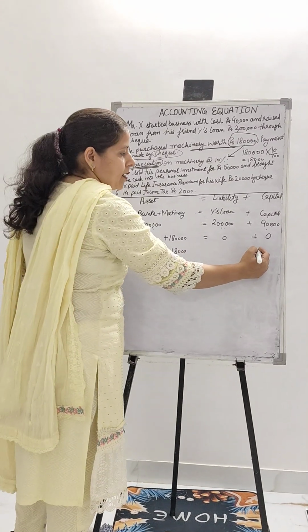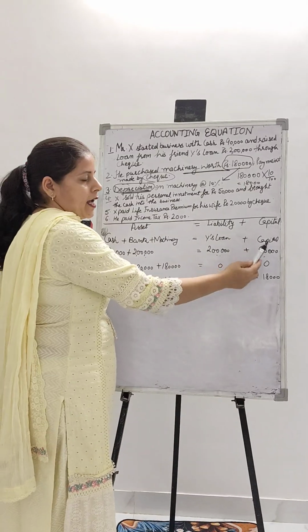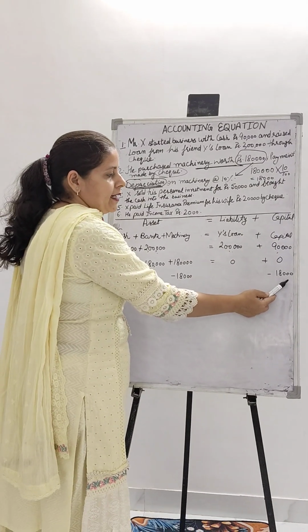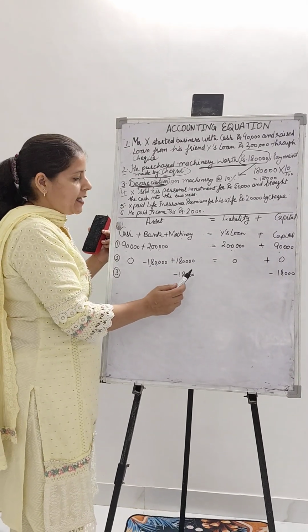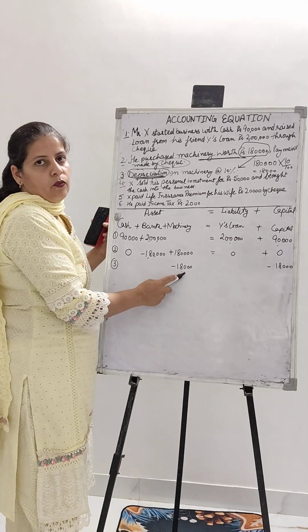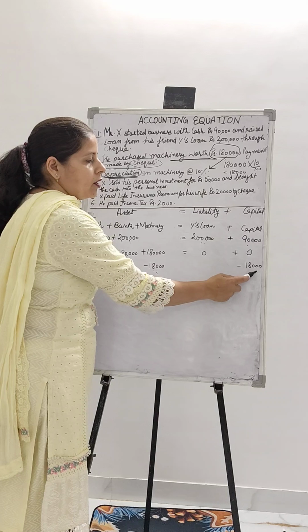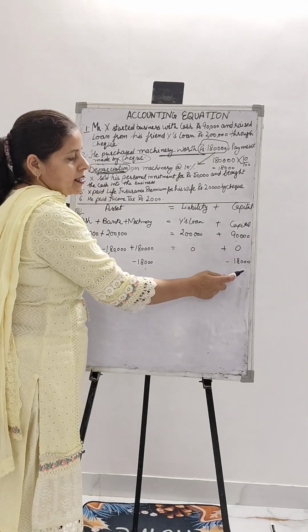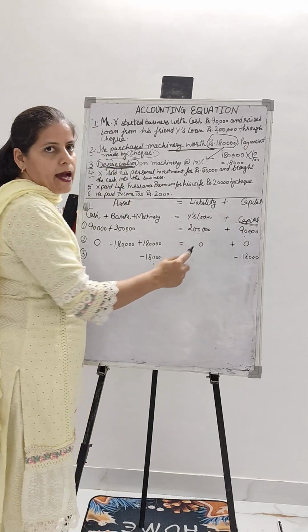At the same time it is reducing your capital by rupees 18,000 because machinery value is reducing, that is the loss of the business, and every time whatever loss or profit is there belongs only to the owner, and here the owner is given a deduction of rupees 18,000 in his capital.